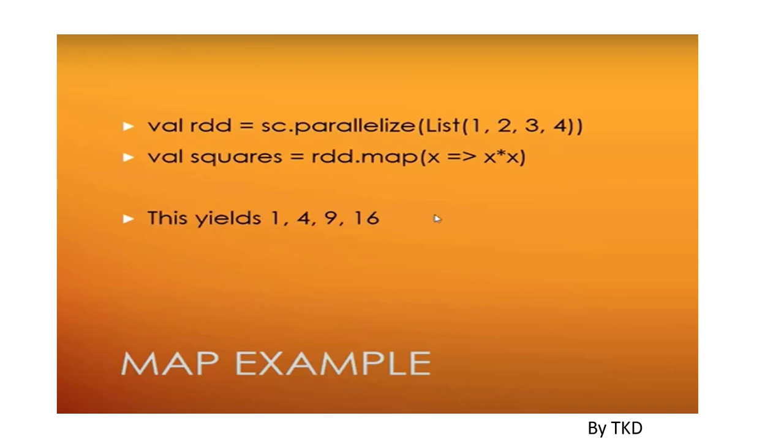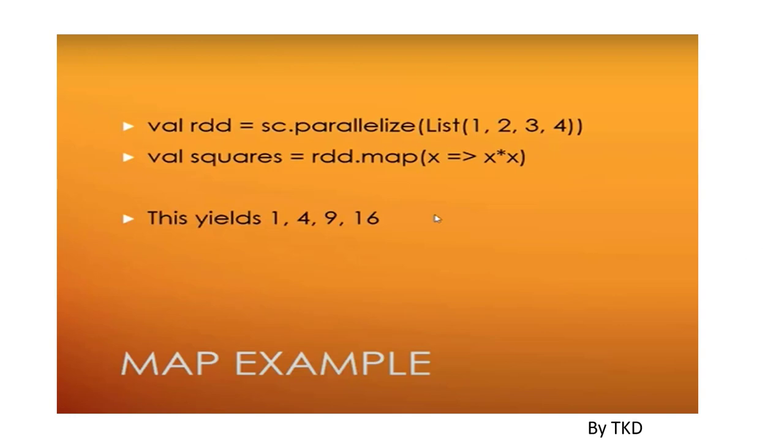Now let's see how map works here. We get a little bit of functional programming with Scala. We are calling an RDD object and calling map on top of it, and the parameter we are passing in is actually a function. The function here is: take this x as an input and return the value x times x.